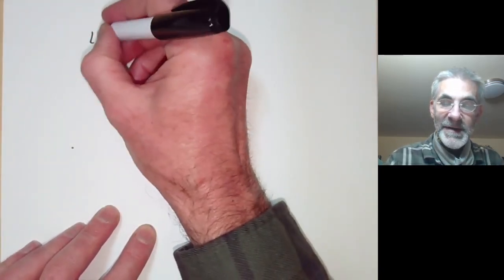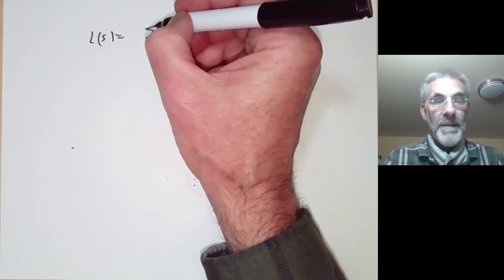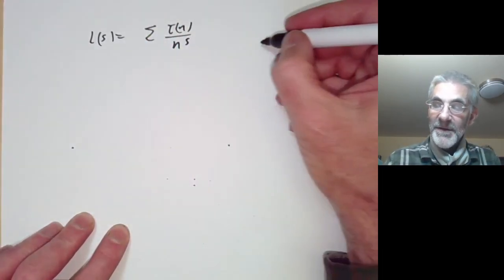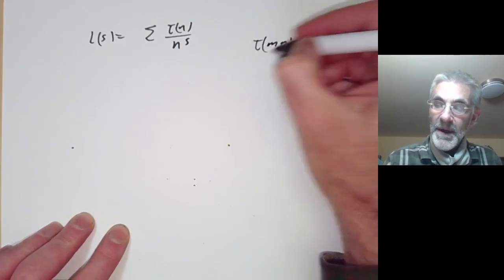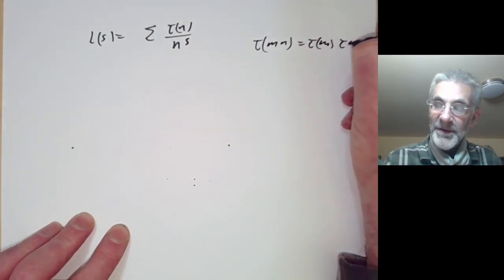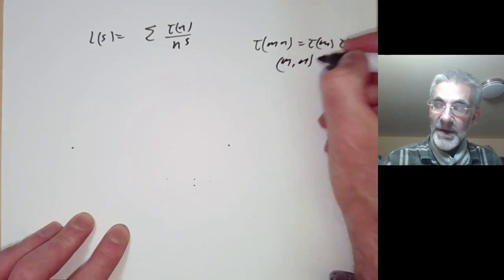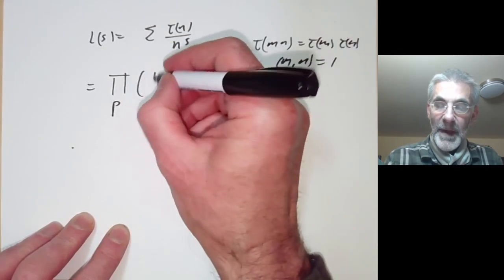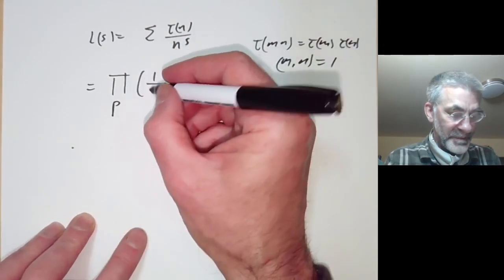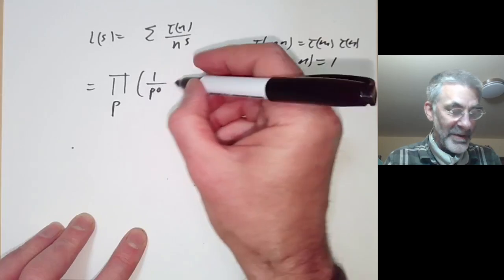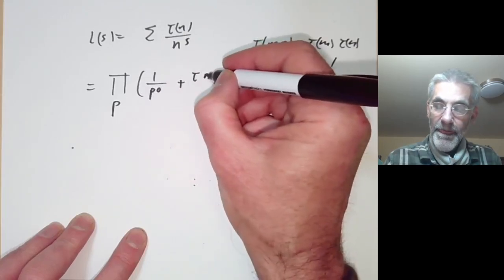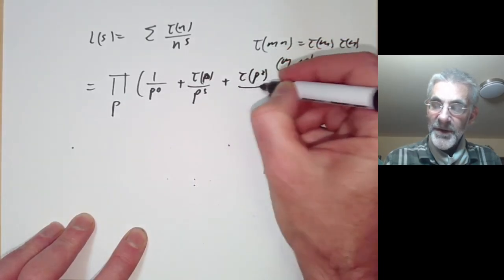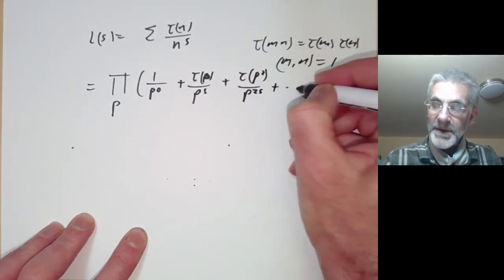So we put L of s, which is the sum over tau of n over n to the s, and using the fact that tau of mn is equal to tau of m times tau of n whenever m and n are coprime, we can write this as a product over all primes of 1 over p to the 0 plus tau of p over p to the s plus tau of p squared over p to the 2s, and so on.